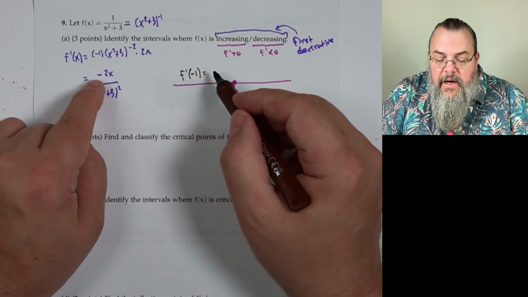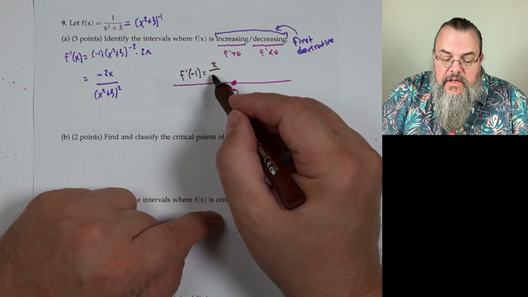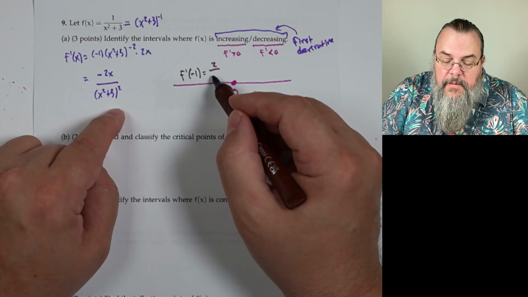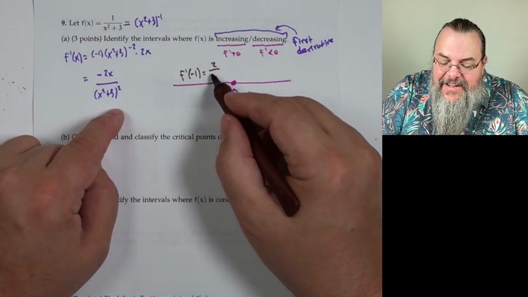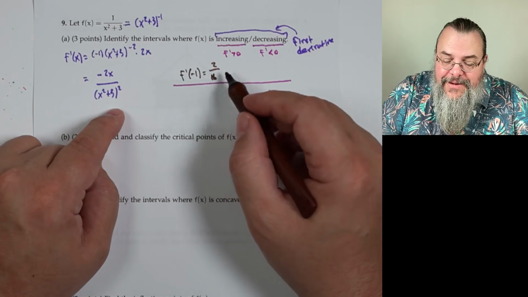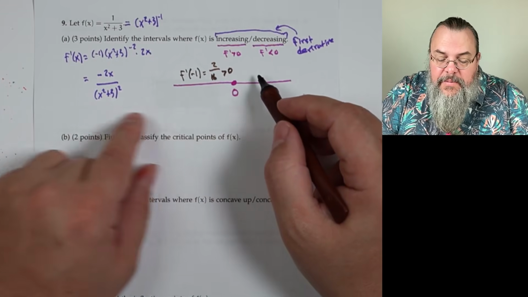If you do that, you get minus 2 times minus 1, which is 2. And downstairs you get 4 squared, which is 16. Now, you don't actually care about the value. What do you care about? The sign. So it's positive.